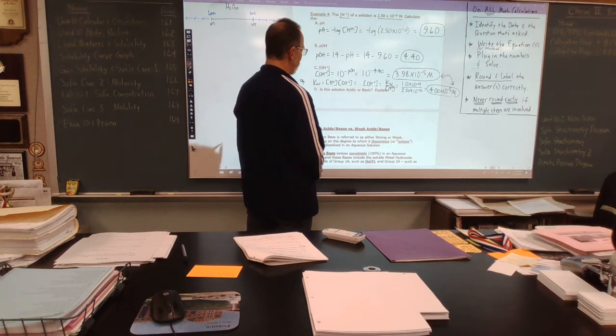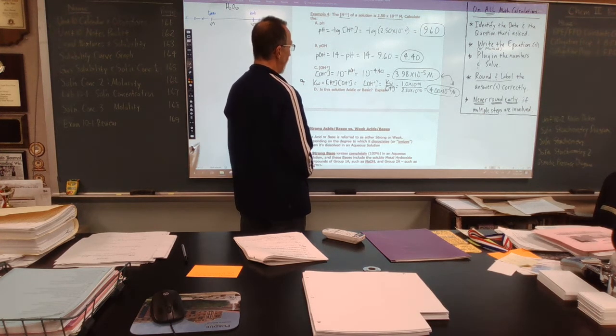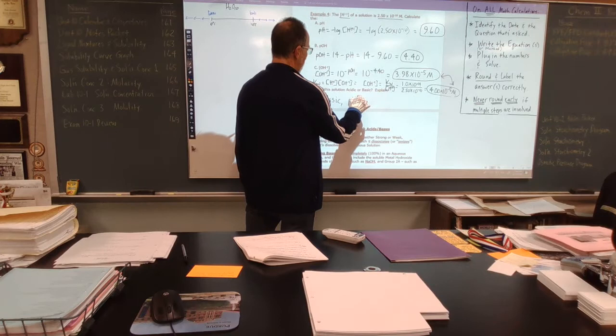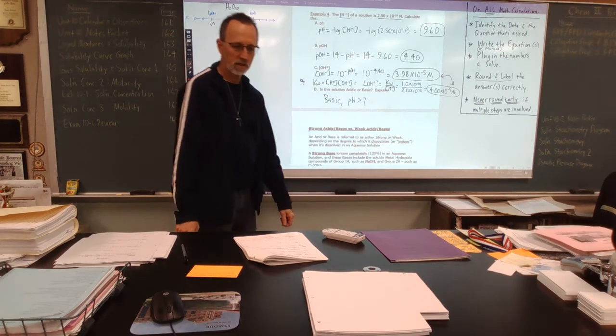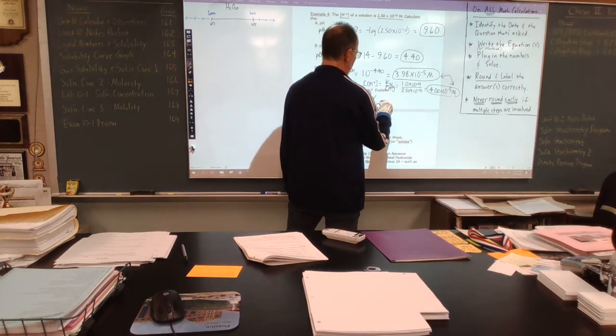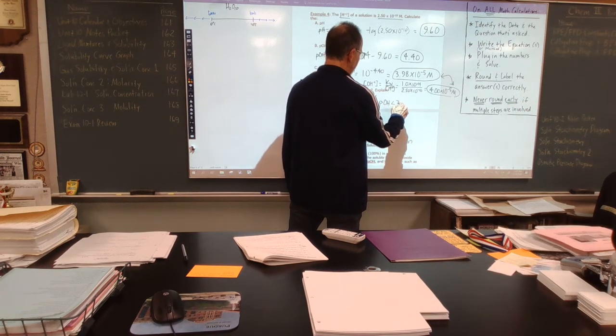I guess the easiest way for me would say, well, just look at the pH. And it would be basic because the pH is greater than 7. You could have just as easily said that the pOH was less than 7.